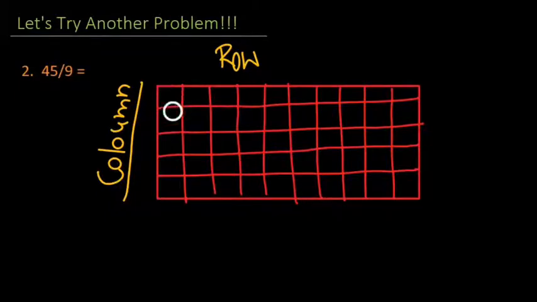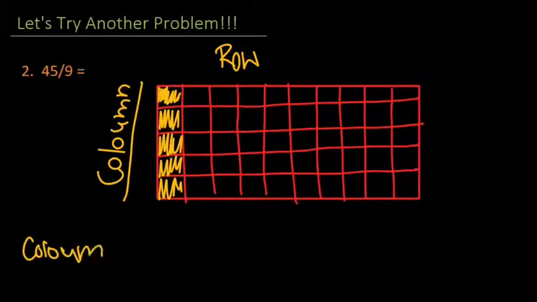But first, let's see how many are in the column. Okay, so you have 1, 2, 3, 4, 5. So for the column, we have 5 squares. Not circles, squares, sorry.